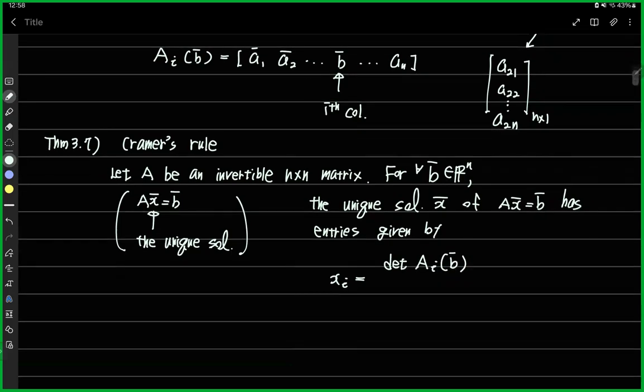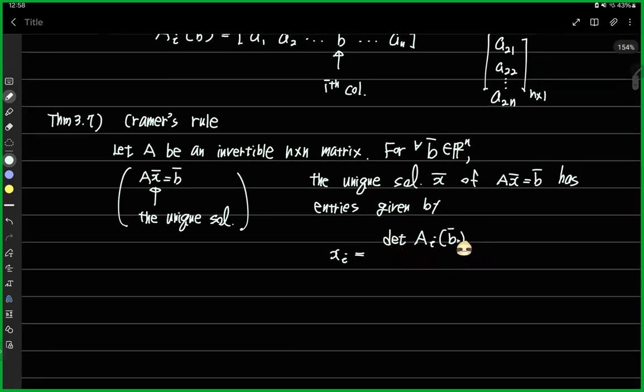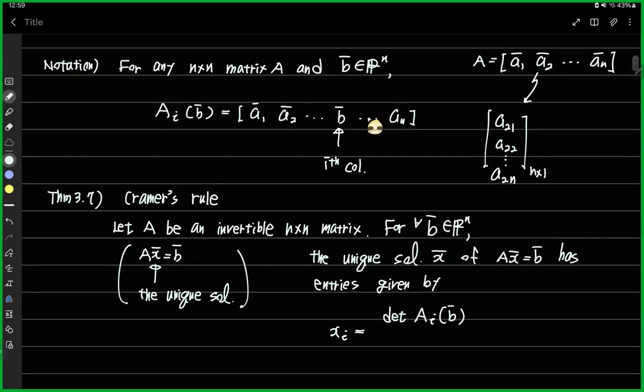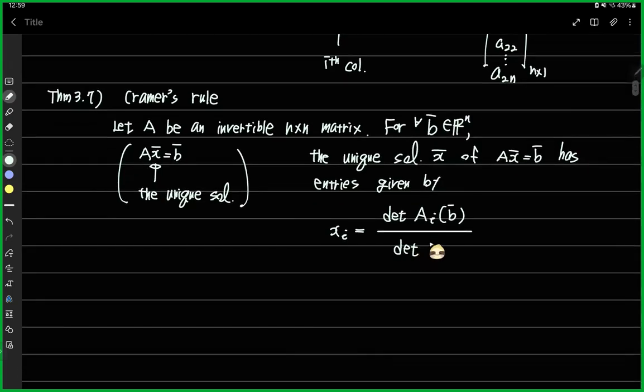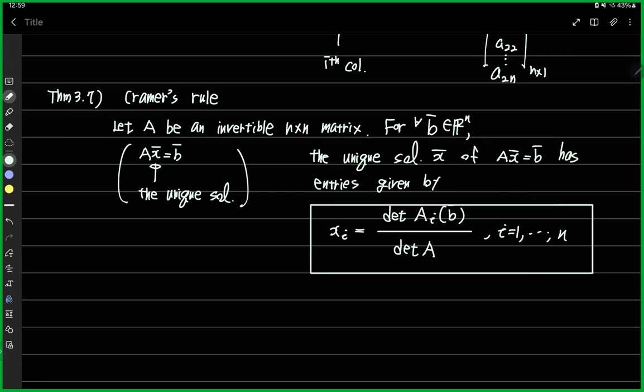A_i(b bar) is this matrix, with the ith column replaced by b, and we take the determinant of that matrix, divided by just determinant A. So that's the Cramer rule. This is the formula.